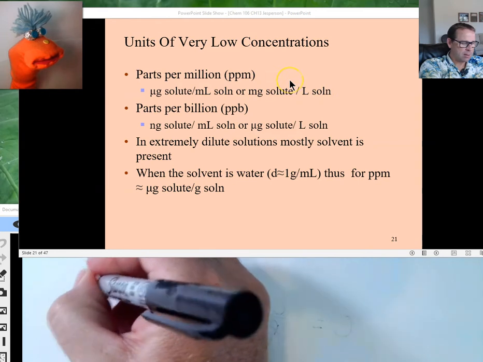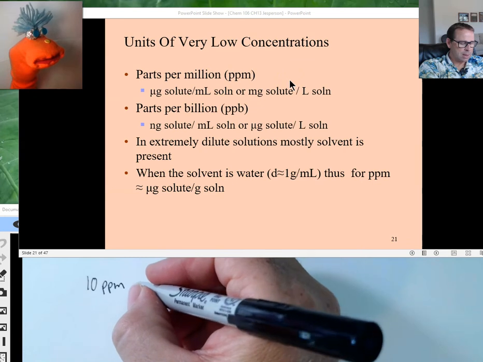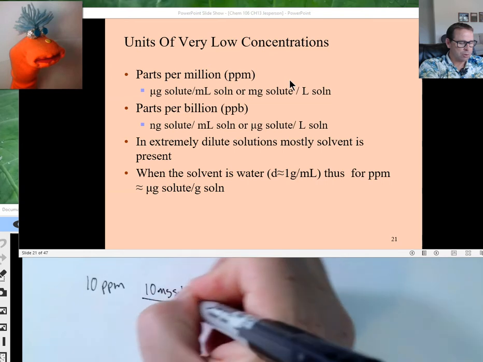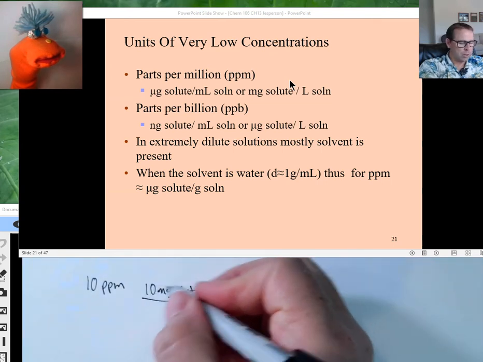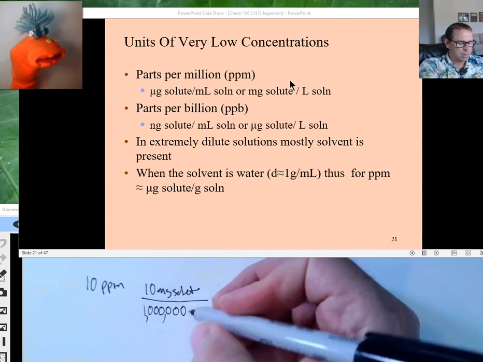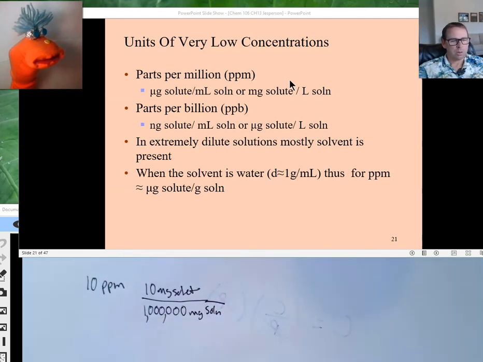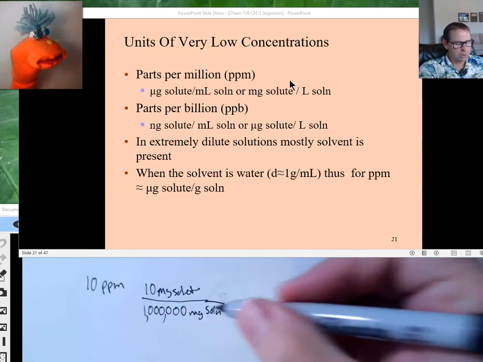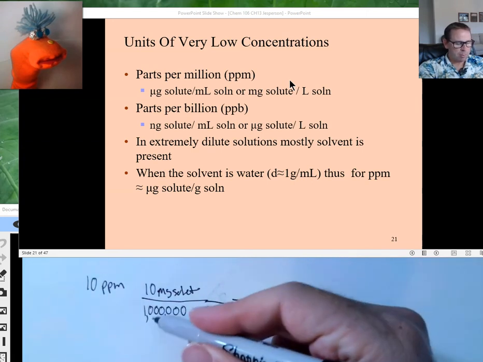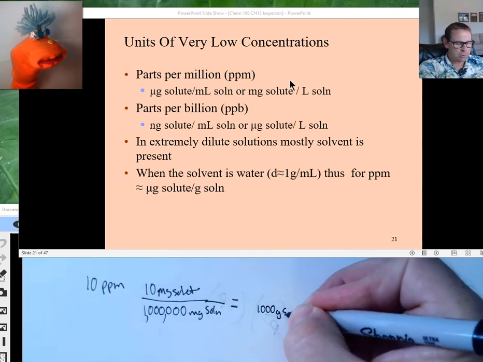But if I say I have a 10 part per million solution, let's say that means 10 milligrams of solute for every million milligrams of solution. Okay, 10 milligrams of solute for every million milligrams of solution. Let's say my solution is in water. If I have 1,000,000 milligrams of solution, that's 1,000 grams of solution.